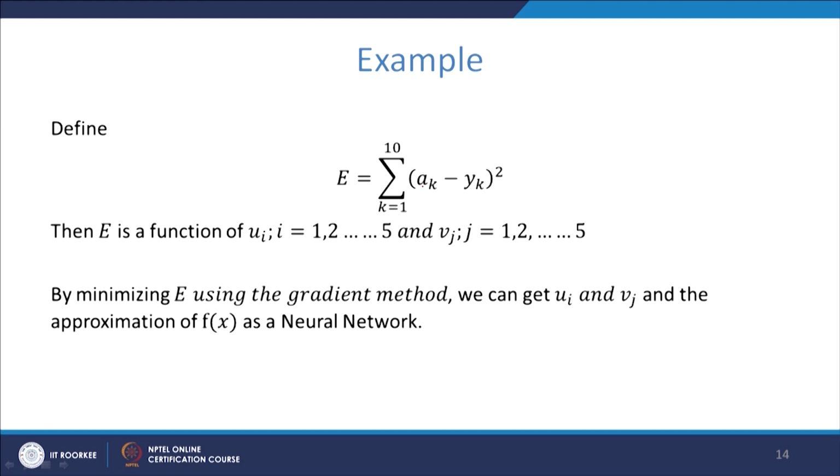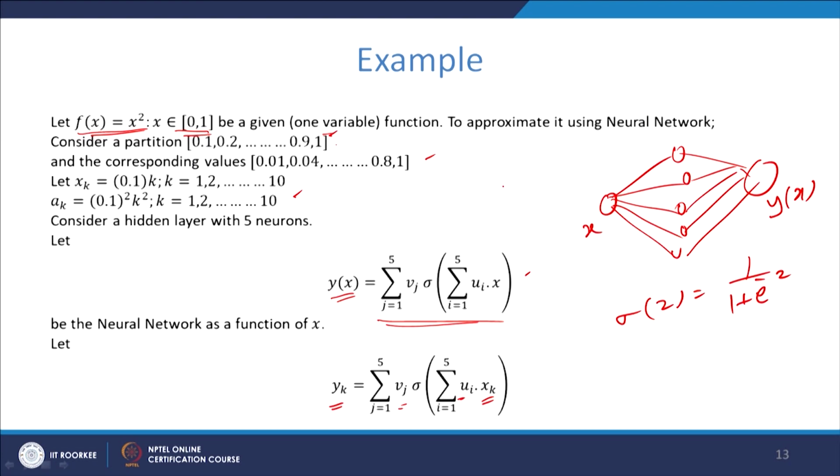For each partition value, the value alpha k is given by 0.1 square k square for k equal to 1, 2, 3 up to 10, and the neural network values are given by the previous formula as given in this one.